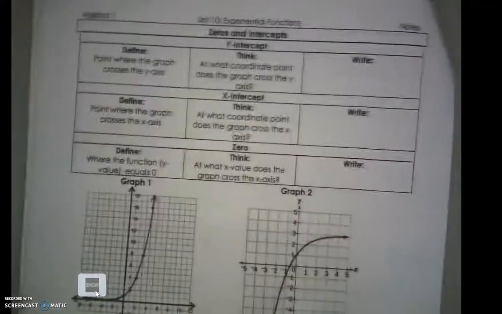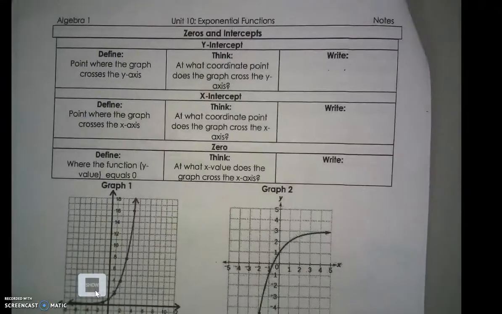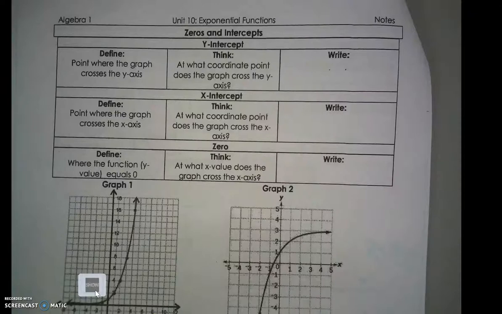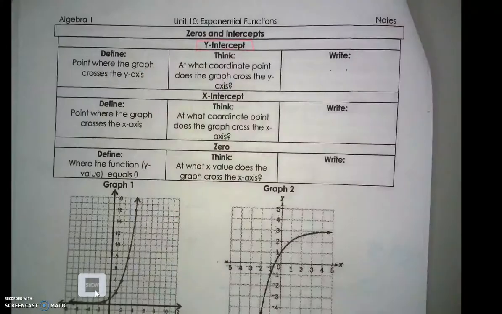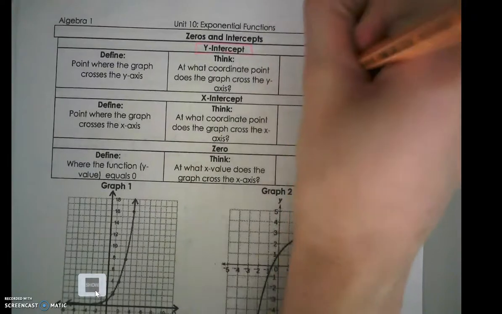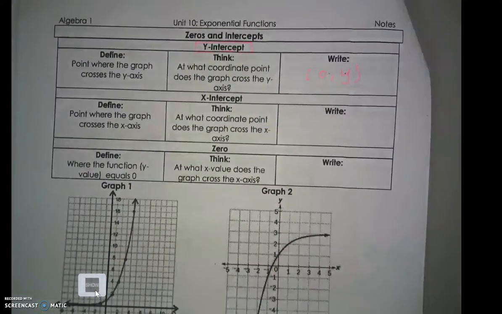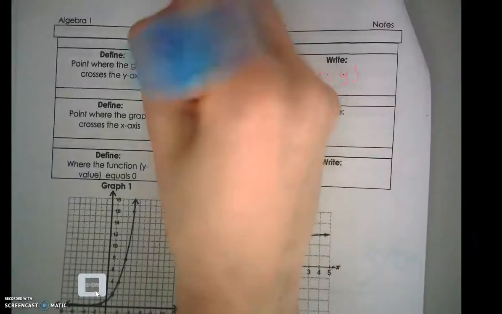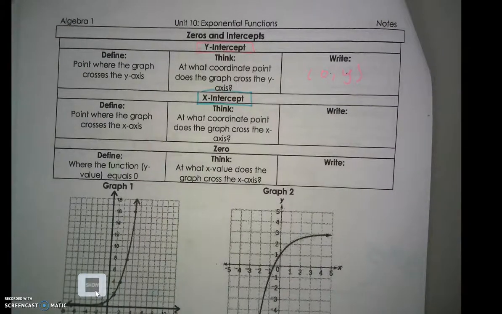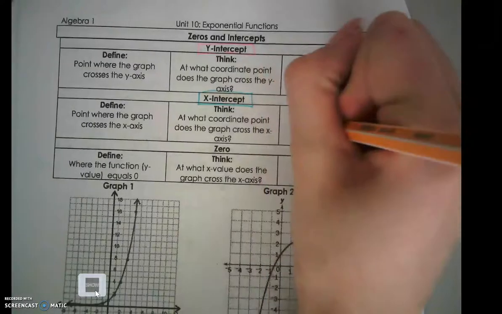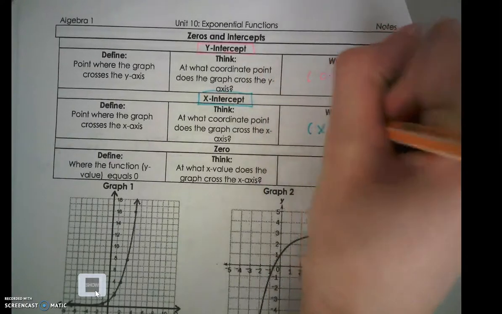We can still talk about our intercepts. Okay, remember when we have a y-intercept, that's where the graph crosses the y-axis, and so we write it as an ordered pair, 0, comma, whatever that y value is. My x-intercepts is where the graph crosses the x-axis, so I'm going to write an ordered pair as x, comma, 0.